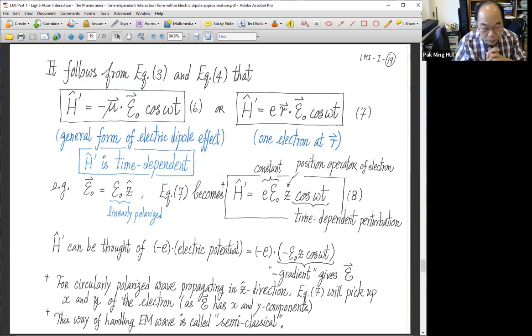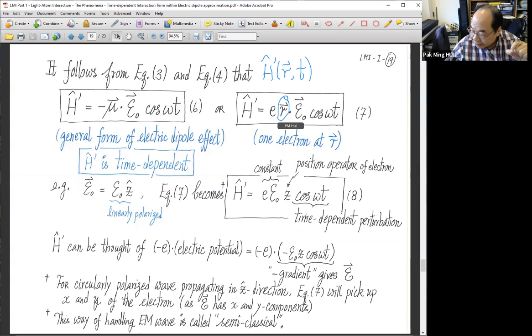So let me summarize what we have done. Now we have a situation. We have the Hamiltonian of the atom alone. You know how to solve it. Then we have an H prime. The H prime is formally, and this is important as well, a function of r and t, where r is the position of matter, the electron's location, you see?